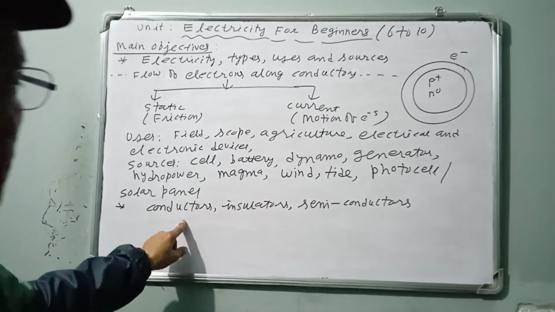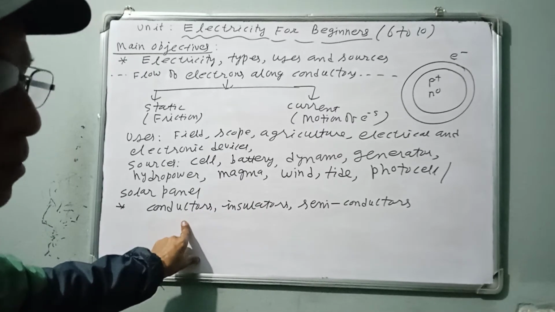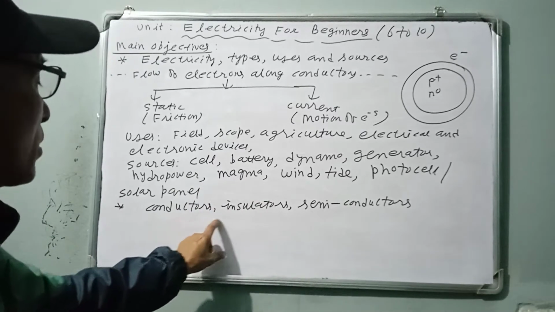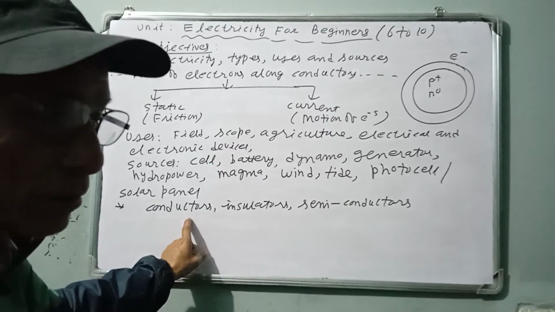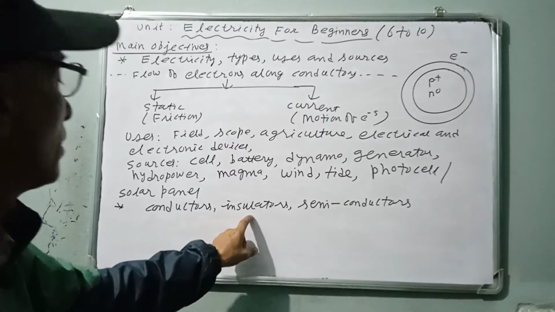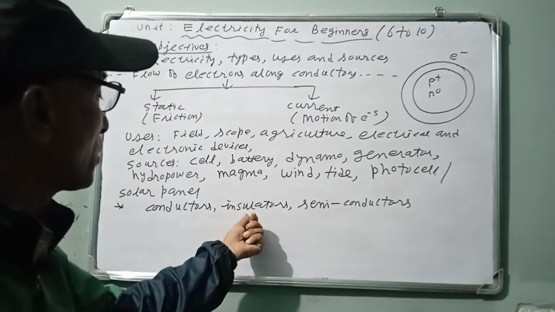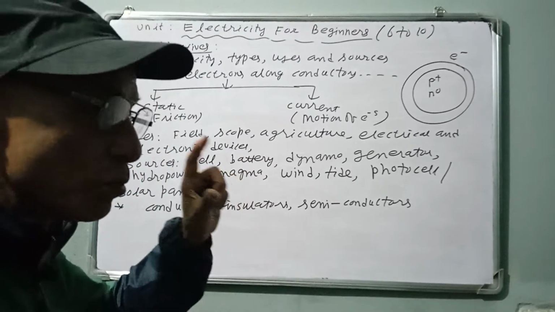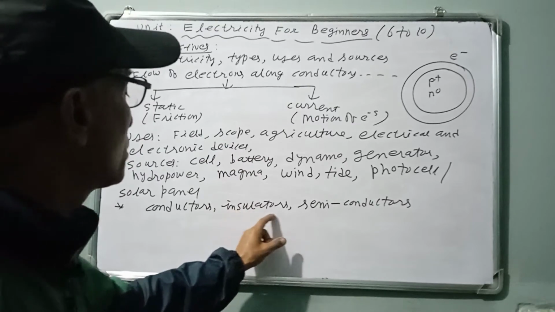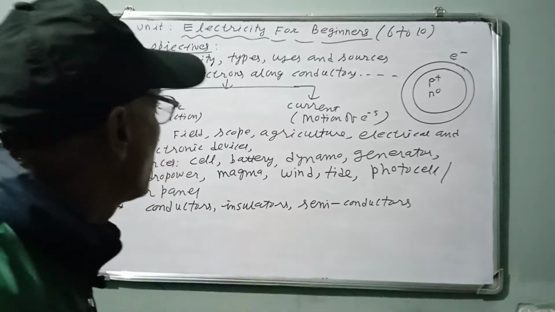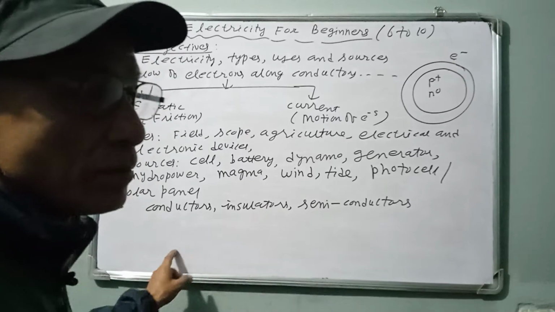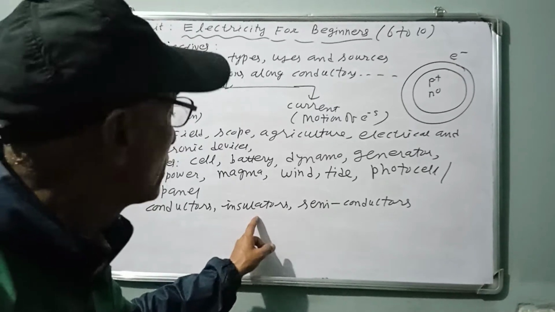For example, iron, copper, zinc, carbon rod, acidified water, salty water, etc. Insulators, by the word, insulate means to stop the flow of current. Insulators are those substances through which electricity does not pass easily.